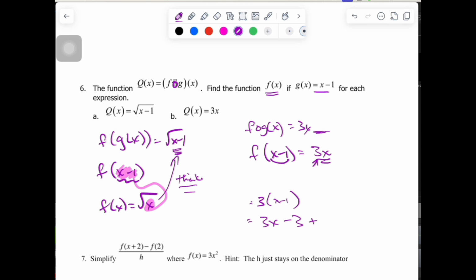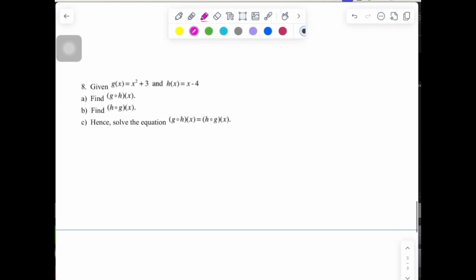But if I add 3, put a plus 3, those cancel. And so f of x is going to be 3x plus 3, because if I take this x minus 1 and substitute in for this x, it will become 3x. And the rest I will leave for you to do.